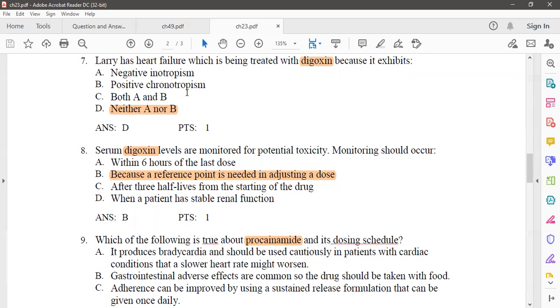Another word is dromotropic, which means increased rate of conduction through the AV node, right? So inotropic is contractility, chronotropic is heart rate, and dromotropic is the rate of conduction through the AV node.